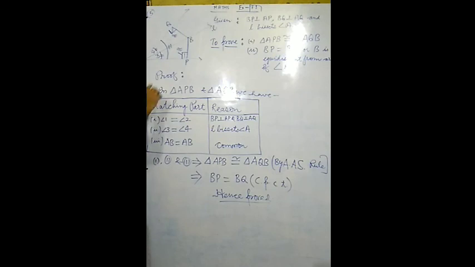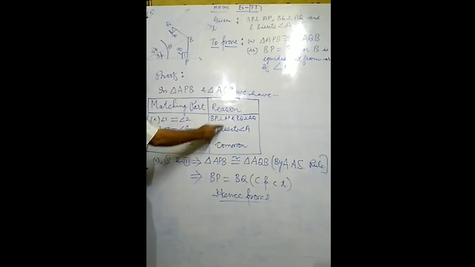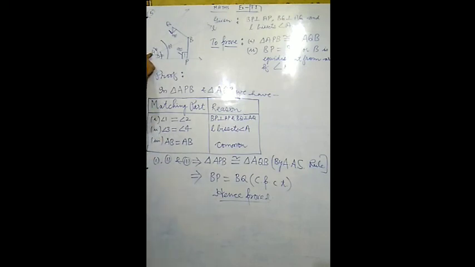And what reason is there? This one is perpendicular to this one, and this one is perpendicular to this one. So BP perpendicular to AP and BQ perpendicular to AQ. The same thing is written here as the reason. What is the second part? Angle 3 equals angle 4. What reason is there? AL is playing the role of angle bisector.